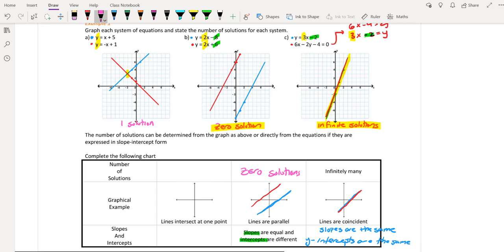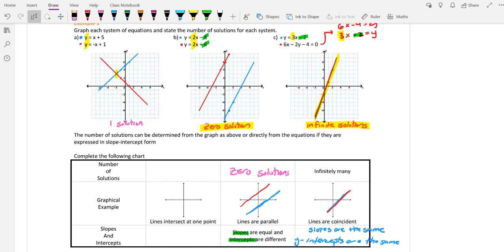All right. Okay, in the first situation here, let's compare. In the first situation, we had 1 solution. So let's compare the slopes and the intercepts. Here we had a slope of 1, and the second line we had a slope of -1. So the slopes are different. And comparing the y-intercepts, they're different as well.